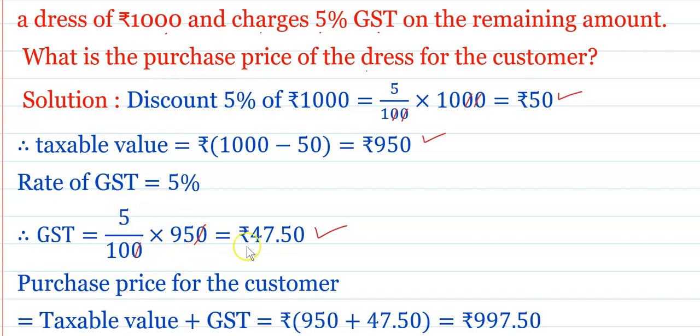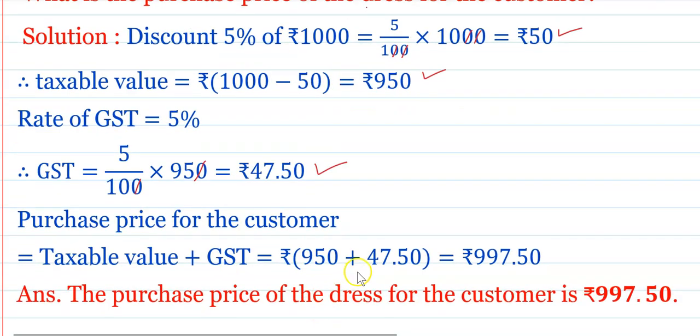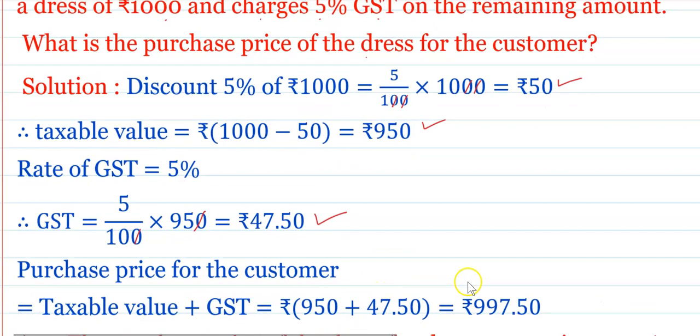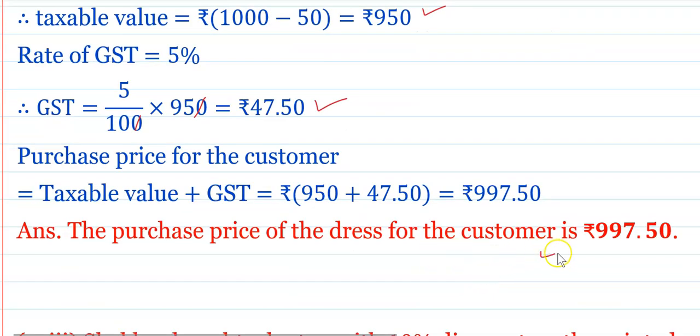You will get 475 upon 10, then you will get 47.5. Therefore the purchase price for the customer, this is the GST that came. Purchase price is 950 plus 47.5. If you add it, then you will get 997.50. This is the purchase price for the customer.